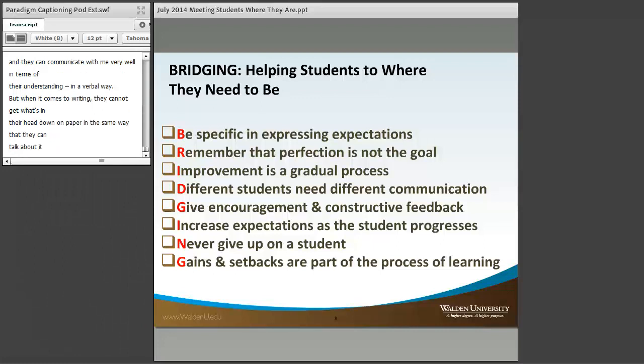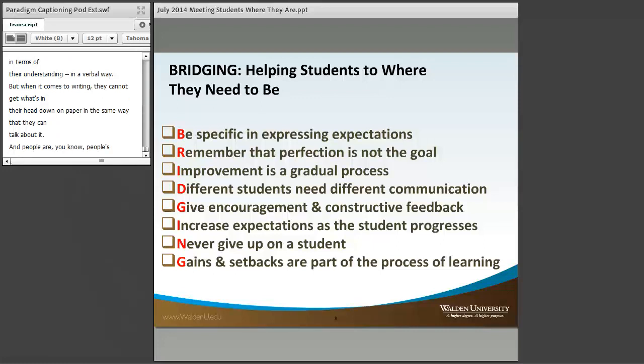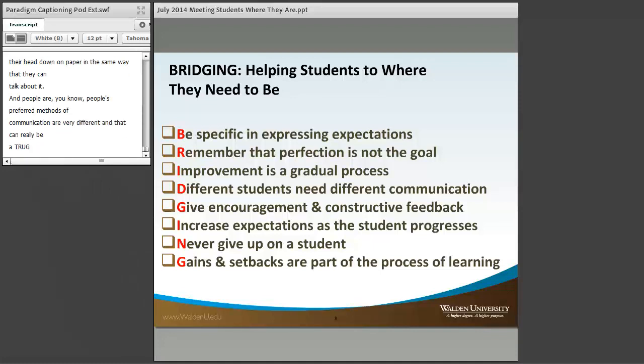People's preferred methods of communication are very different, and that can really be a struggle for some students. So to the extent that we have techniques that can help students translate that, I think that would be really great. And I'd love to hear our participants' views or experiences with this.